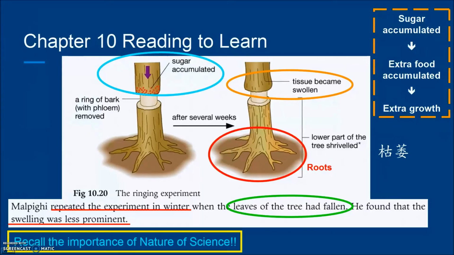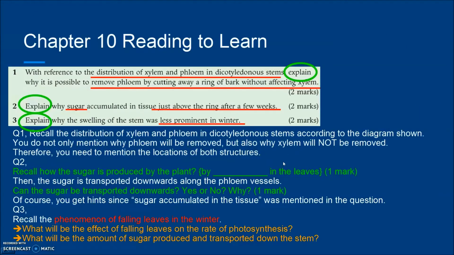So this scientist also repeats the experiment at different times to see whether this hypothesis is really correct. So remember that as we are studying a science subject, we need to know the importance of the nature of science.